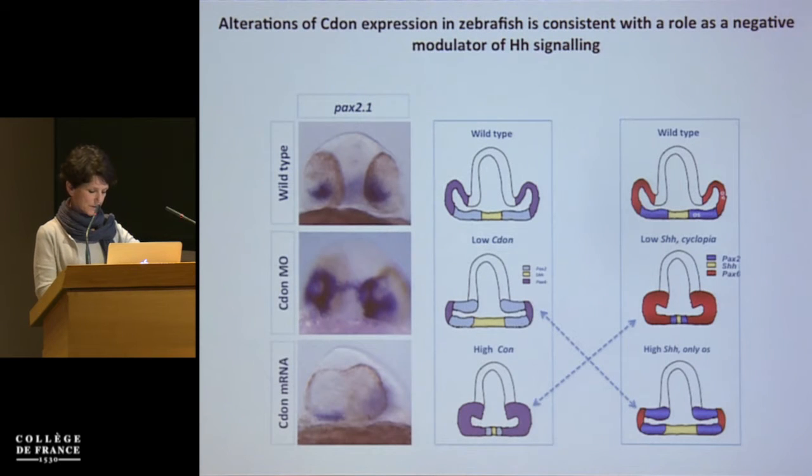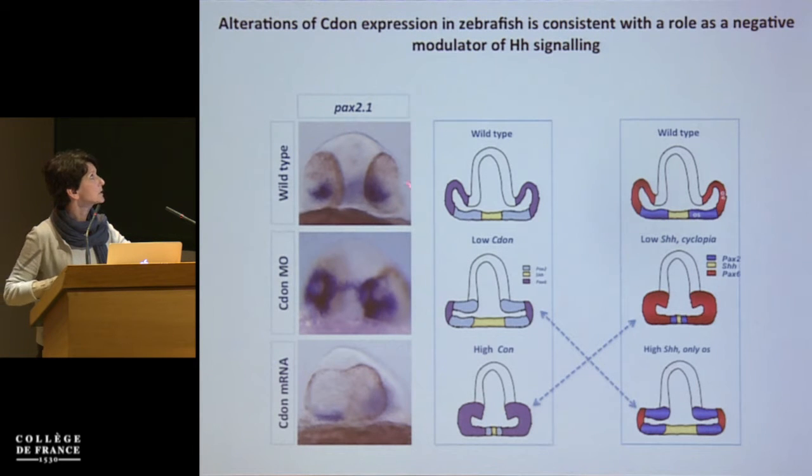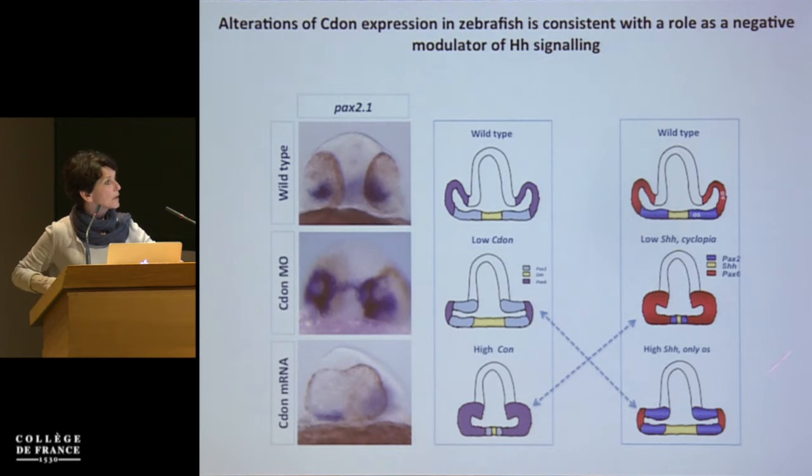To start to address this question, Marco Cardoso in the lab designed a morpholino that could interfere with Kidon function and also overexpressed Kidon in the zebrafish. And as you can see here, using Pax2 as a readout of what happens to the optic vesicles, we obtained results that are quite the opposite of what I illustrated before.